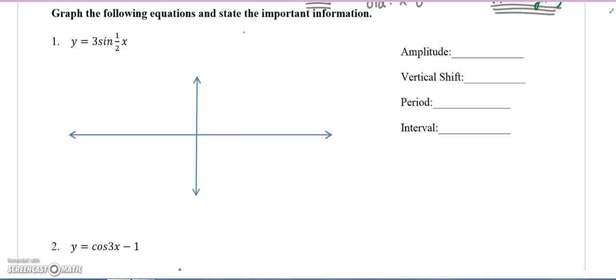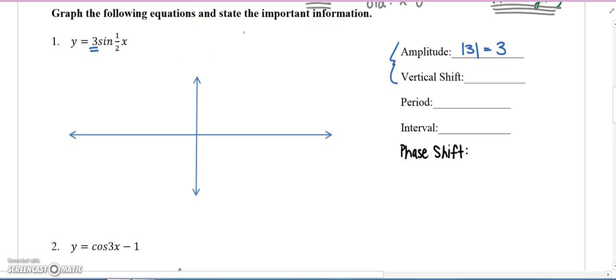So number 1, I have y equals 3 times the sine of 1/2 x. These two pieces we've done before, so I'm going to go through those a little quicker. And then the period, the interval, and we have to add on our phase shift. Those are the new parts, so I'm going to spend more time on them. The amplitude comes from this number right here, the absolute value of 3, which would just be 3.